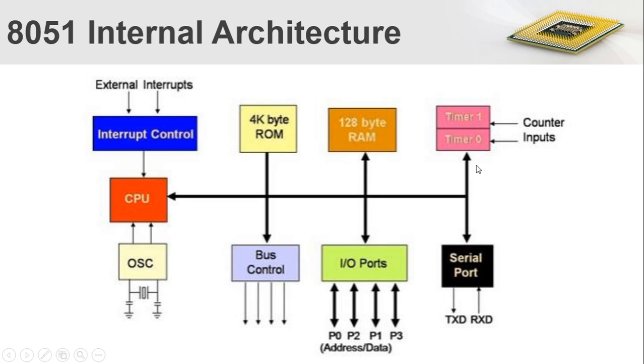With this timer or counter unit, here we have two registers, timer 0 and timer 1. Okay, these T0 and T1 registers are present along with this counter or timer unit. This is used for performing countdown operations in association with the clock pulses generated by this oscillatory circuit.